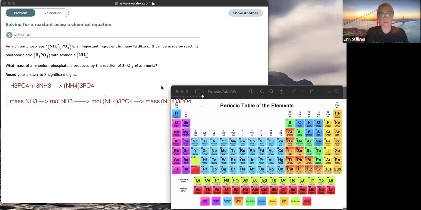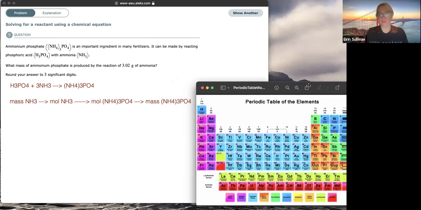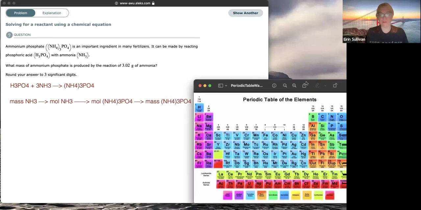And we can convert between moles of one thing and moles of another thing because you just need the mole ratio, right? And between the moles of ammonium phosphate and the mass of ammonium phosphate, we're just going to need the molar mass.